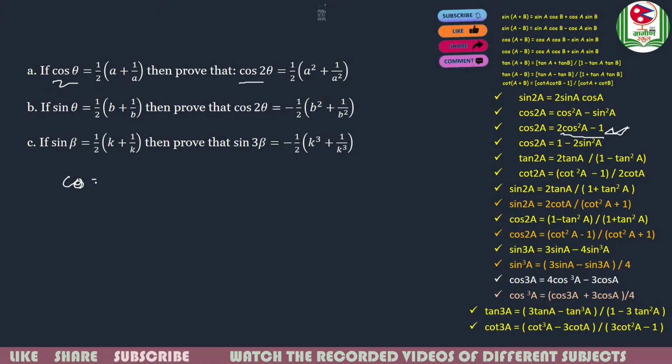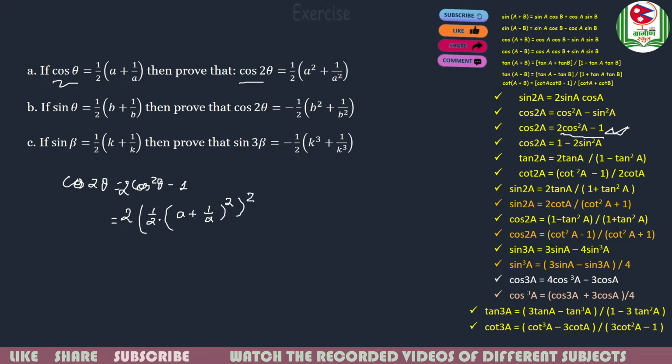So here cos 2 theta equals, we all know, 2 cos square theta minus 1, and cos theta is 1 by 2 into a plus 1 by a, so we write 2 into 1 by 2 into a plus 1 by a whole square, minus 1.